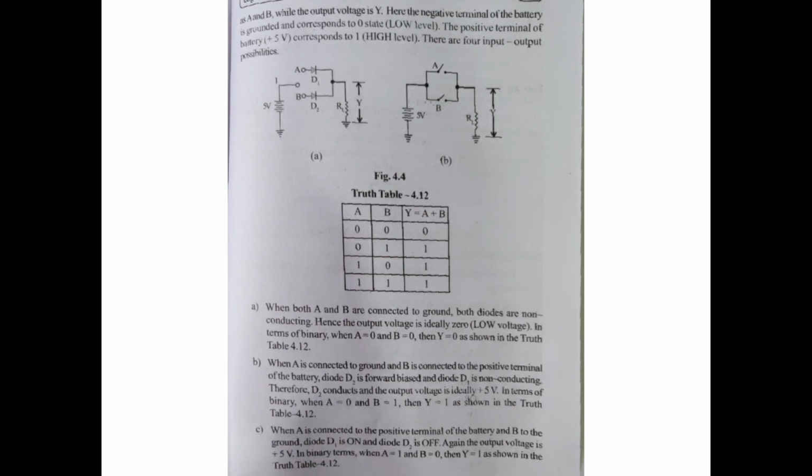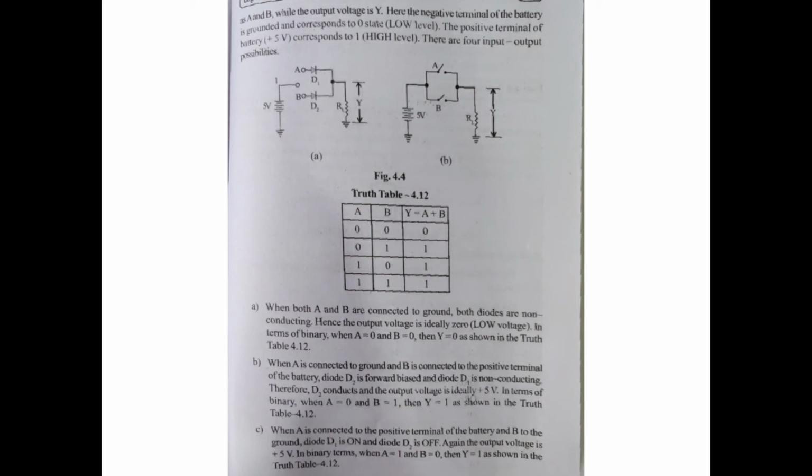Figure 4.4a shows a way to build a two input OR gate, while figure 4.4b shows the simplified schematic diagram. The input voltages are labeled as A and B, while the output is Y. Here the negative terminal of the battery is grounded and corresponds to 0 state, that is low level.